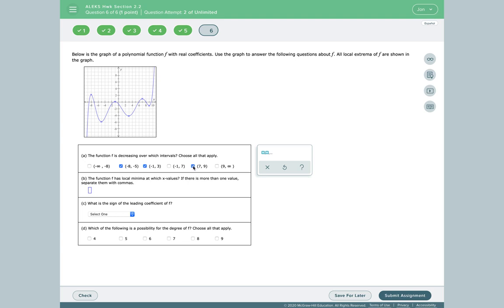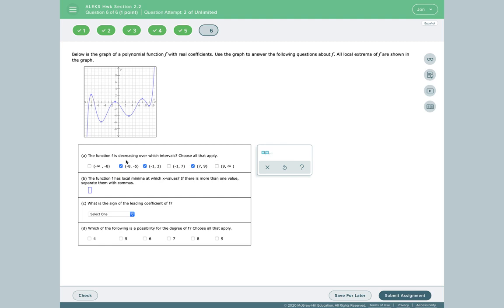Now, it says the function f has local minima at which x values. What we mean by local minima is where we're going to have the dips. If I were to look at the local maximum, you're looking at the peaks.